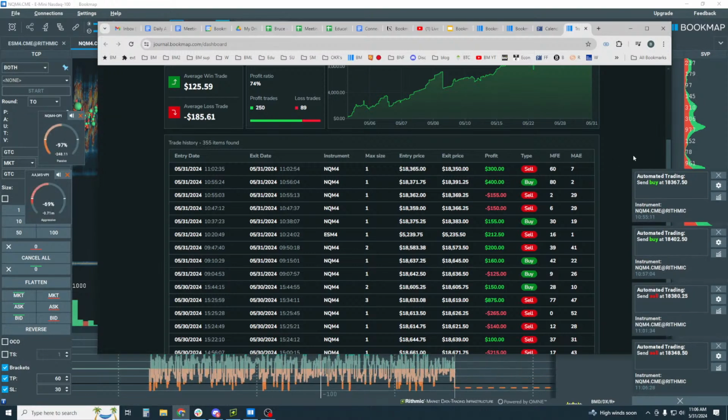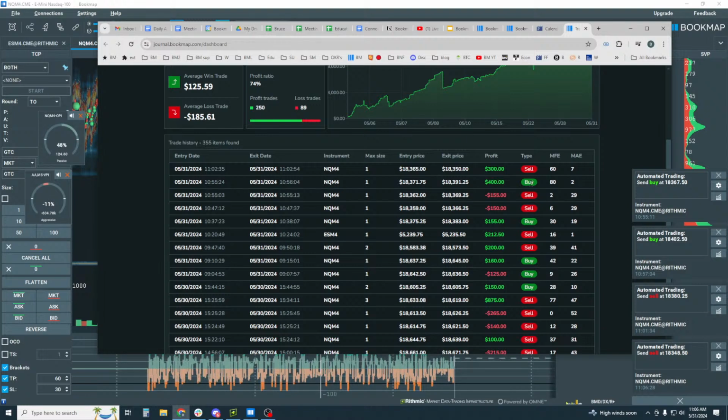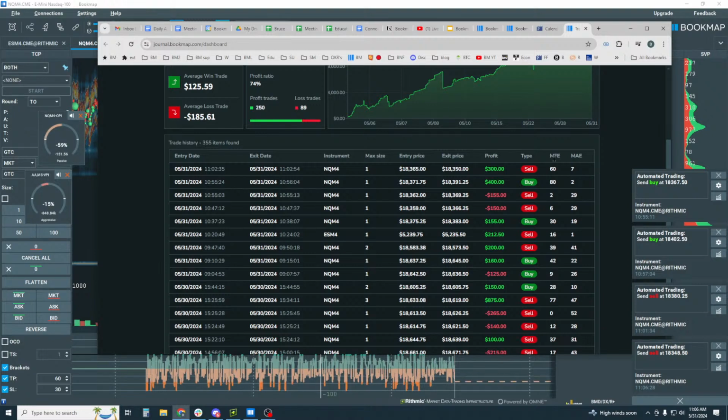Not bad for this morning. Here we get another sell signal. Let's see, this was our buy, right, on our squeeze, our short squeeze to the upside. Now, what I really like about both of these trades in here is look at our MFE and MAE. Favorable excursions, 80, 60.